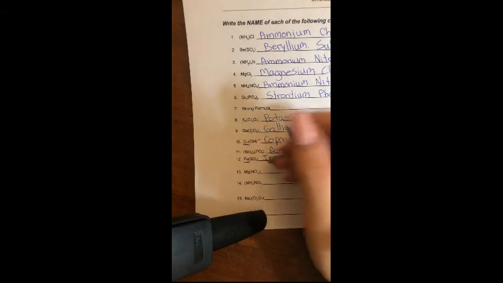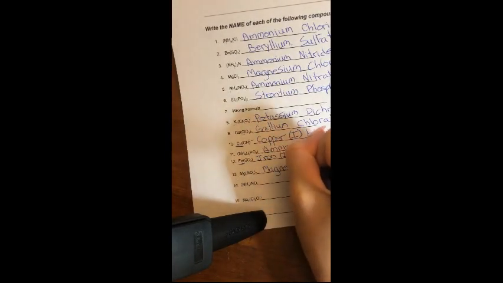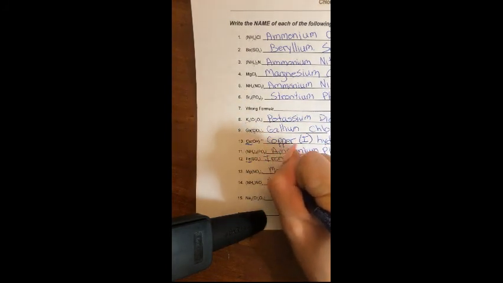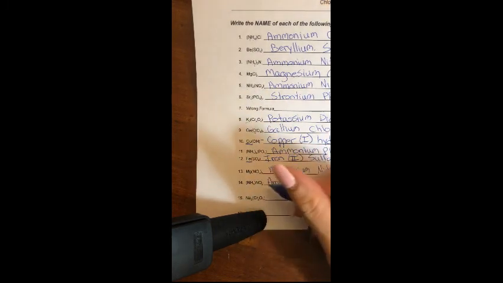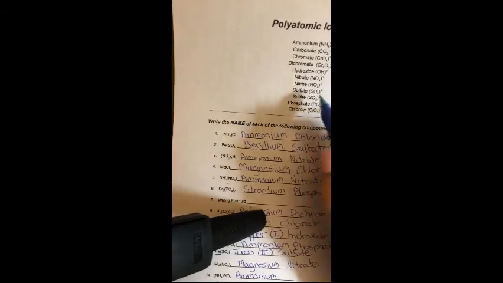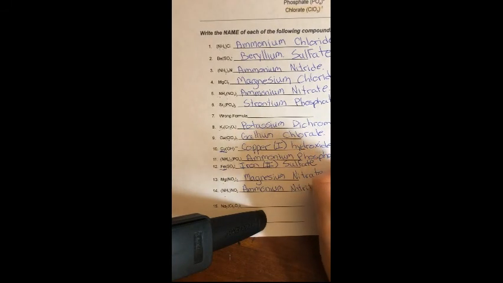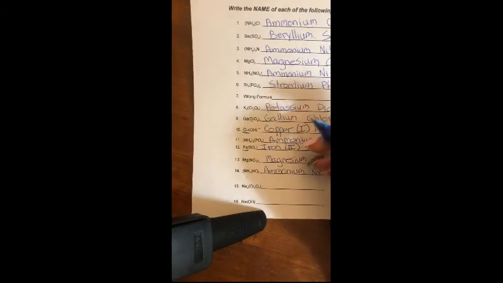Okay, magnesium, we can just write it down because it's not a transition metal. And then NO3 is nitrate. We got ammonium again. And then we've got NO2. So NO2 is different. NO2 is nitrite. Na, this is sodium.